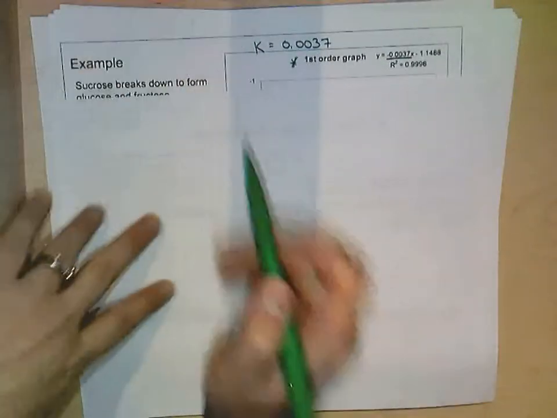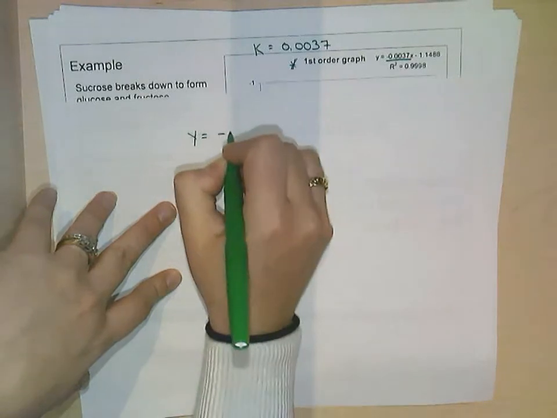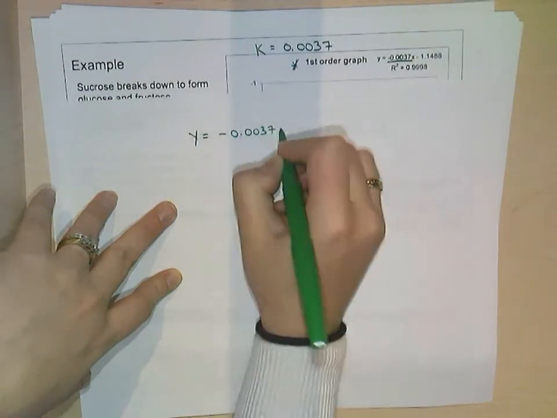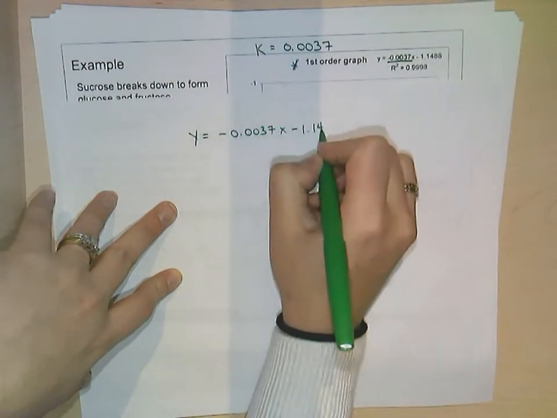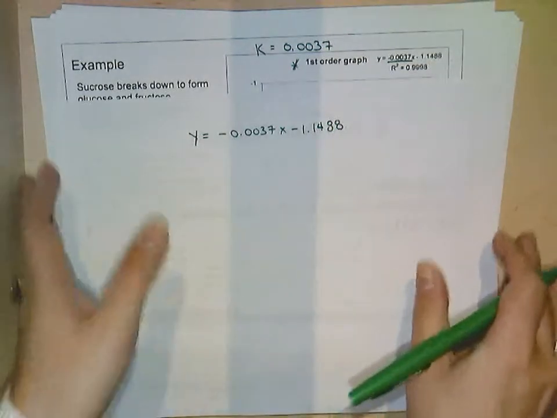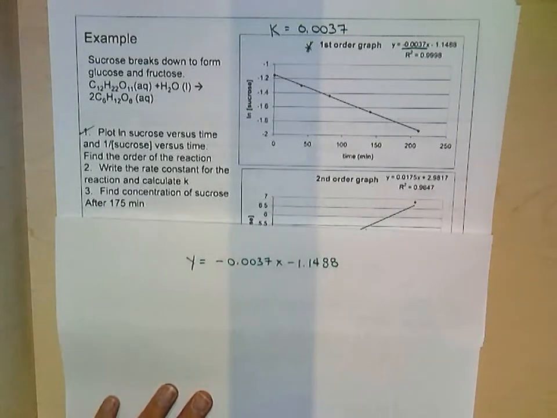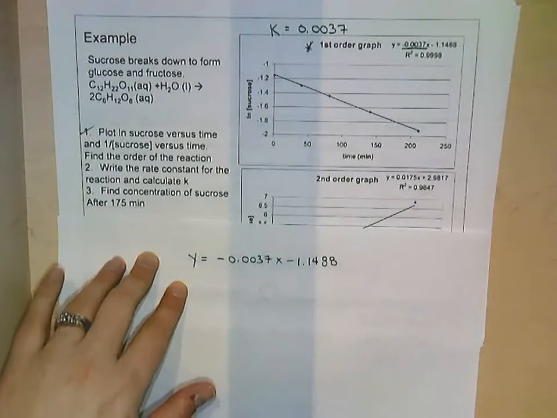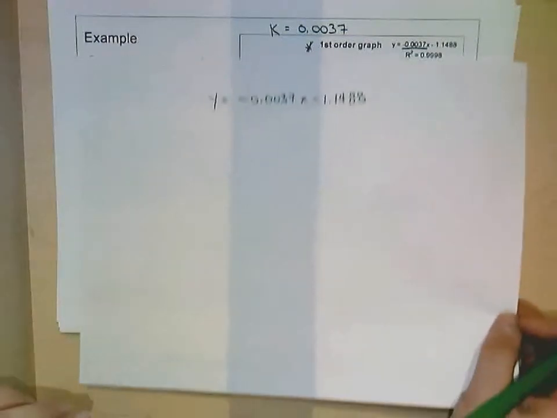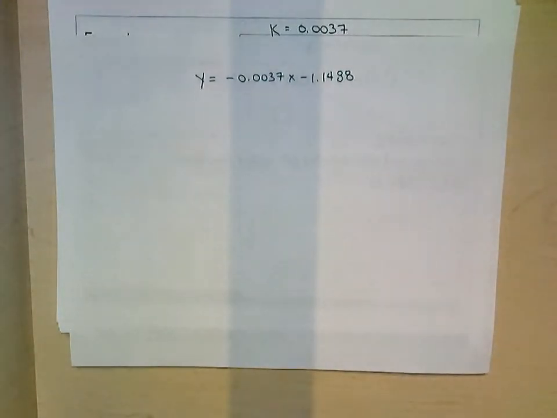All right, so here's my equation, if you can see it. Okay, so that's my equation of the line, and I want to know after 175 minutes how much sucrose is left. Where do I plug in that 175 minutes? X, okay?